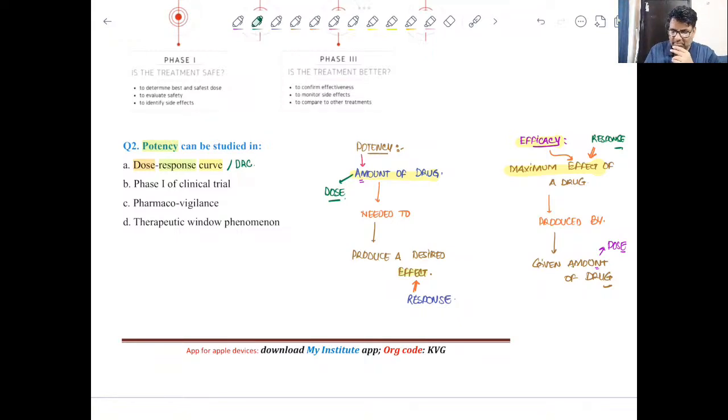So now potency is the amount of drug needed to produce a certain response, and efficacy is the maximum effect which a given amount of drug will produce.